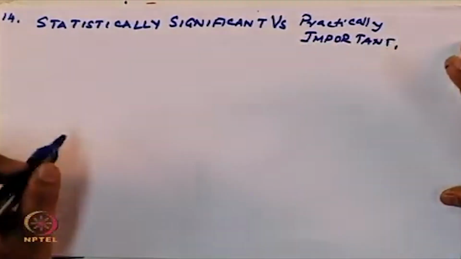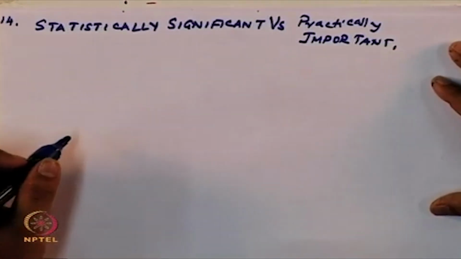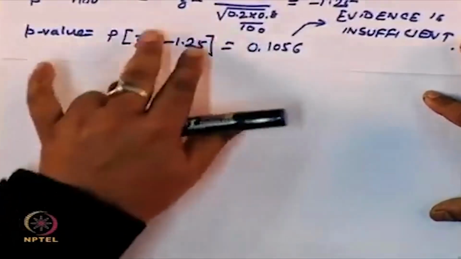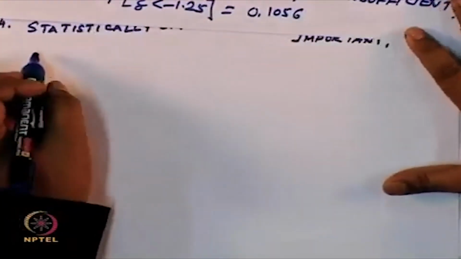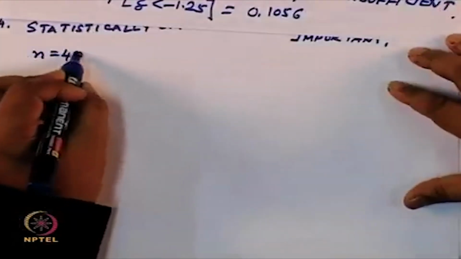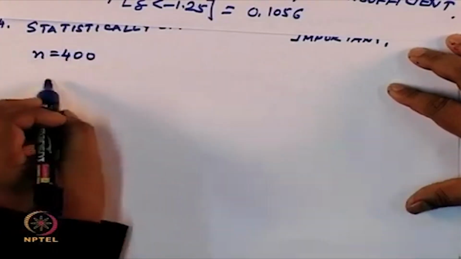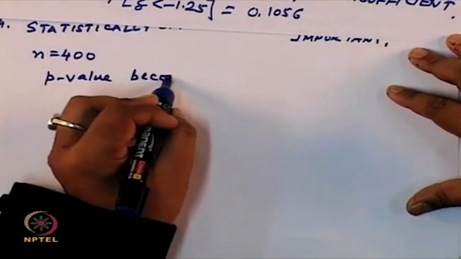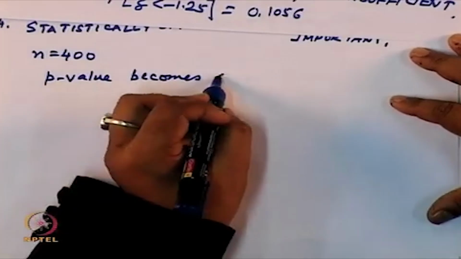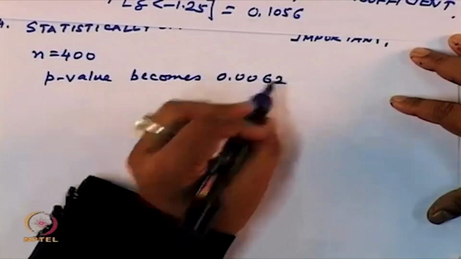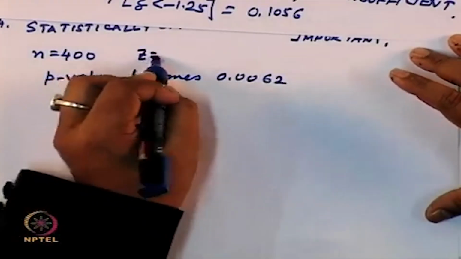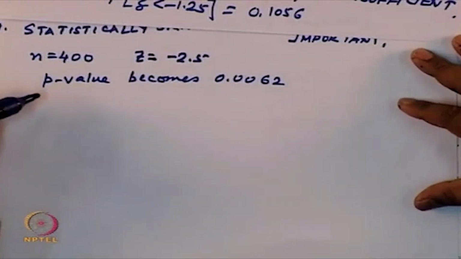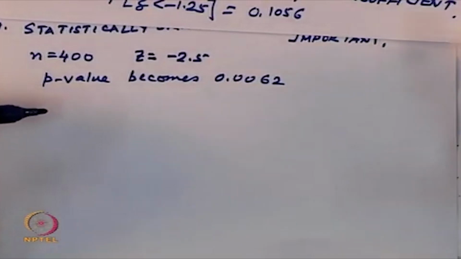So, in the above case, if let us say you increased your n to 400, then your p value becomes 0.0062, because your z becomes minus 2.5. So, now it is significant, but it may not always be practically important.